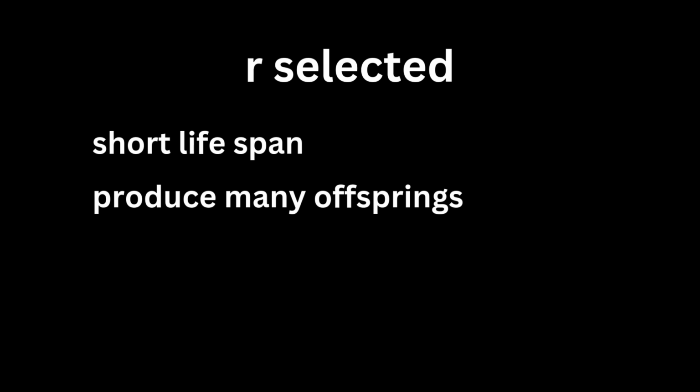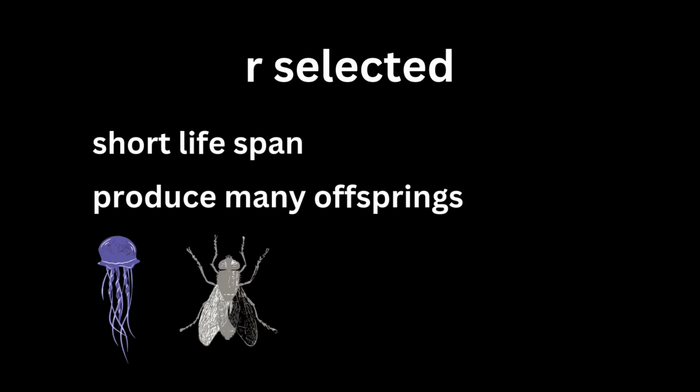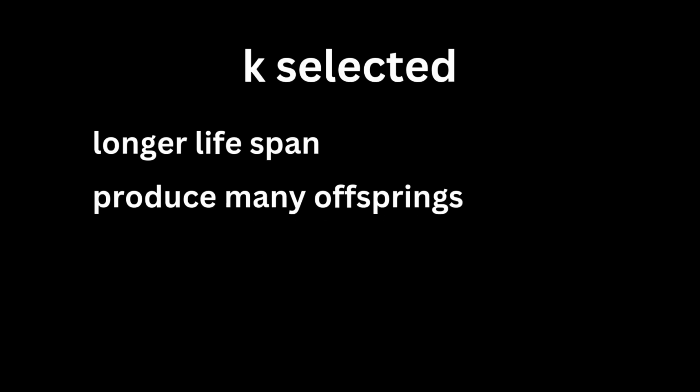Now let's look at r-selected and K-selected species. Species with r-selected traits have a short lifespan and produce many offspring that require little to no parental care. Examples of species with r-selected traits include jellyfish, insects, rodents, and frogs. Species with K-selected traits are long-lived and tend to produce fewer offspring that require increased parental care.